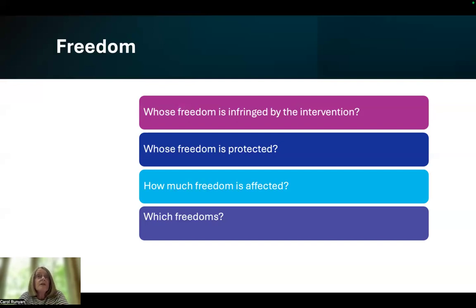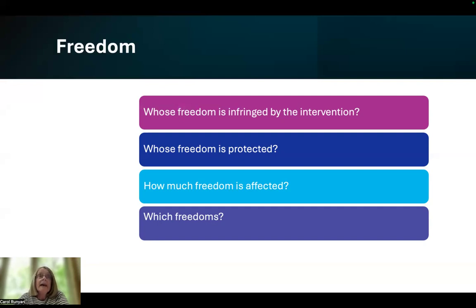But there's also the question of how much freedom and which freedoms are they? And I used to challenge my students to think about, and I'll challenge you to think about, the last time you were in a car in the United States. You probably weren't even aware that you did not have the freedom to be driving a car without shatterproof glass, because shatterproof glass is a requirement of vehicles in the US.